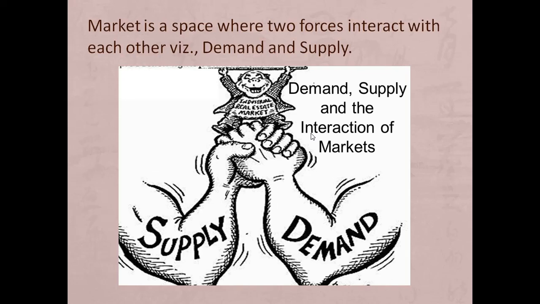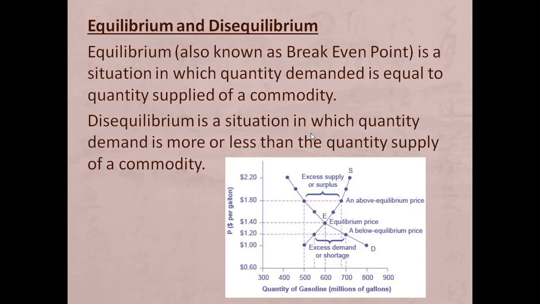Whenever these two forces are equal to each other, that condition of the market is known as equilibrium, or break-even point. However, this break-even point will be used in terms of price. We will discuss this in the later chapters.